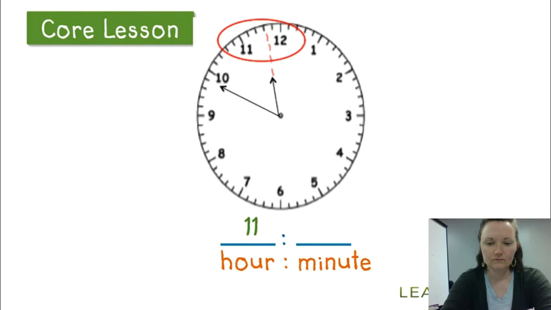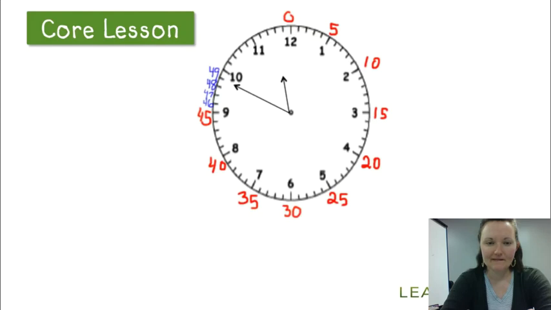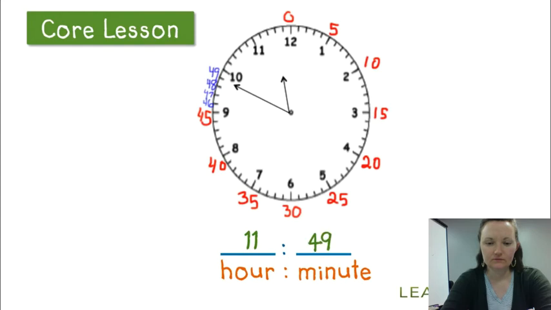So we can record 11 o'clock as the hour. And now we're going to use our counting strategy to figure out the minute. 0 minutes, 5, 10, 15, 20, 25, 30, 35, 40, 45, 46, 47, 48, 49. So we know this clock tells us that it's 11:49.